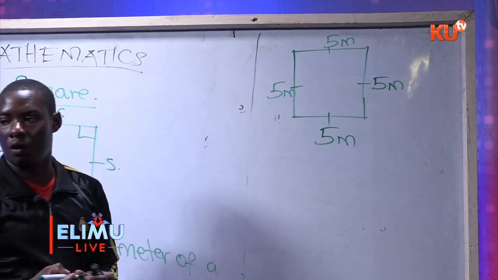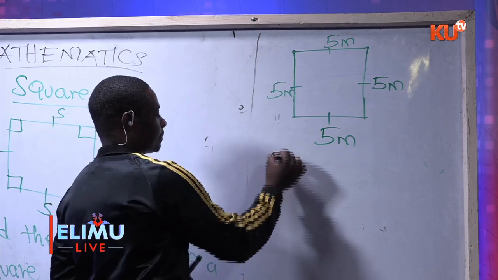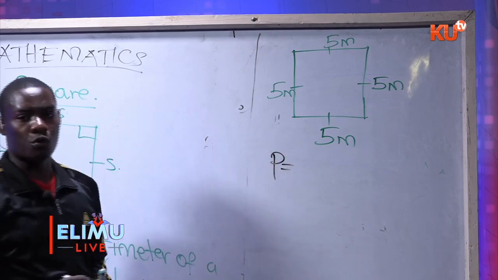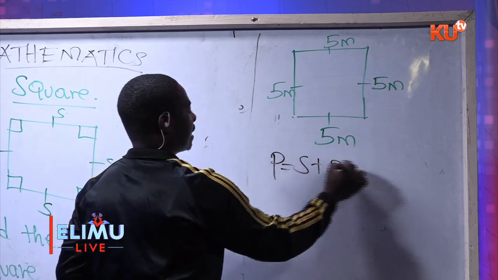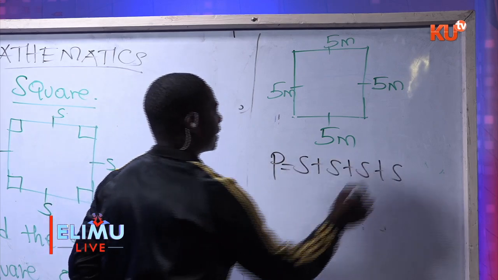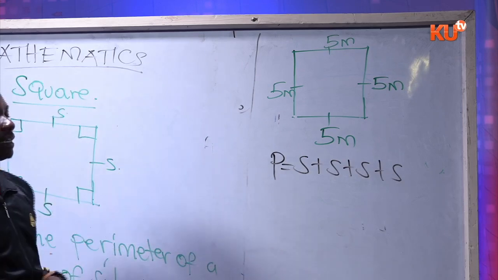So we come to our formula, whereby perimeter is equal to the sum of the sides: side plus side plus side plus side. This is not 5, this means side, which we found here.